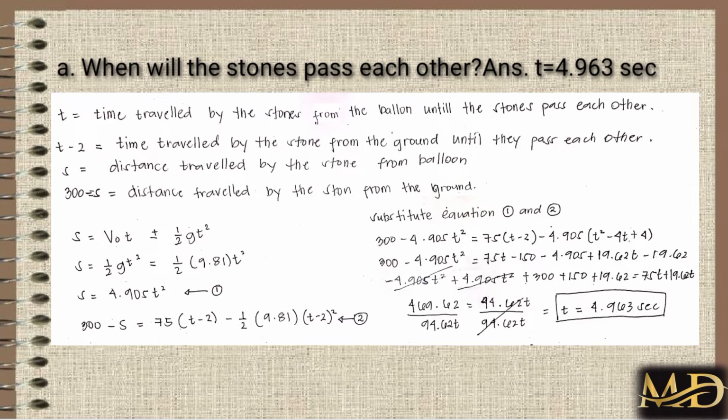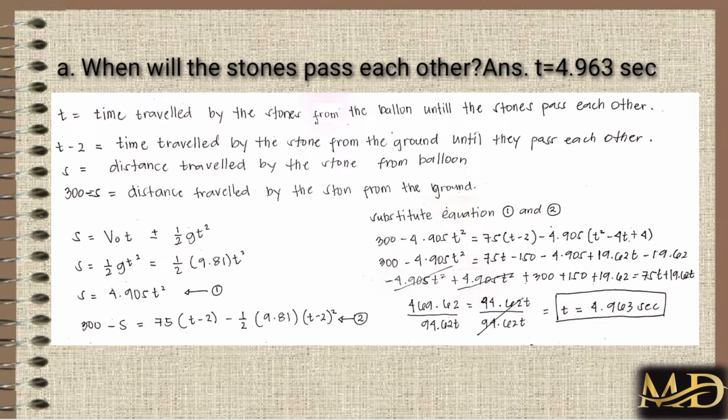So let's substitute equation 1 into 2. 300 minus 4.905 t squared is equal to 75 times t minus 2 minus 4.905 times t squared minus 4t plus 4.